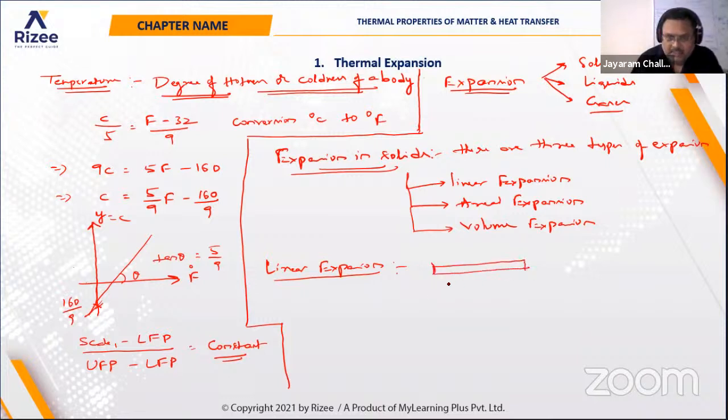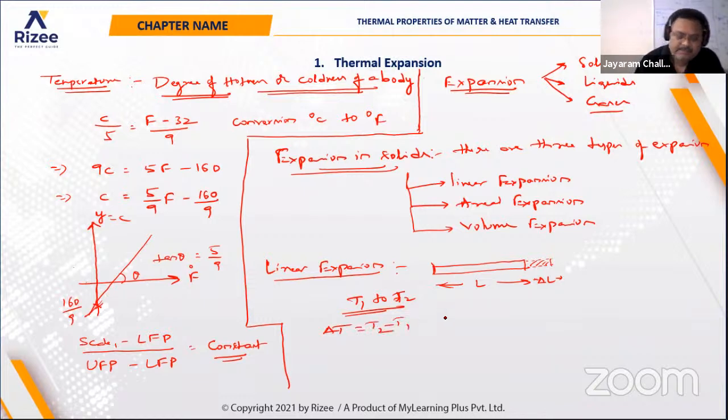So this is your initial length L. Now, due to the heat supplied, there is a rise in temperature, and it expands by delta L. You are raising the temperature from T1 to T2, so delta T is T2 minus T1.